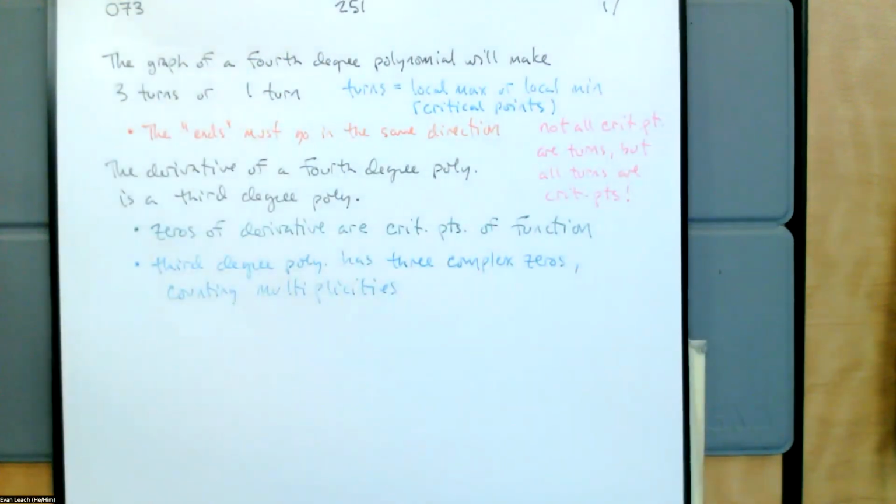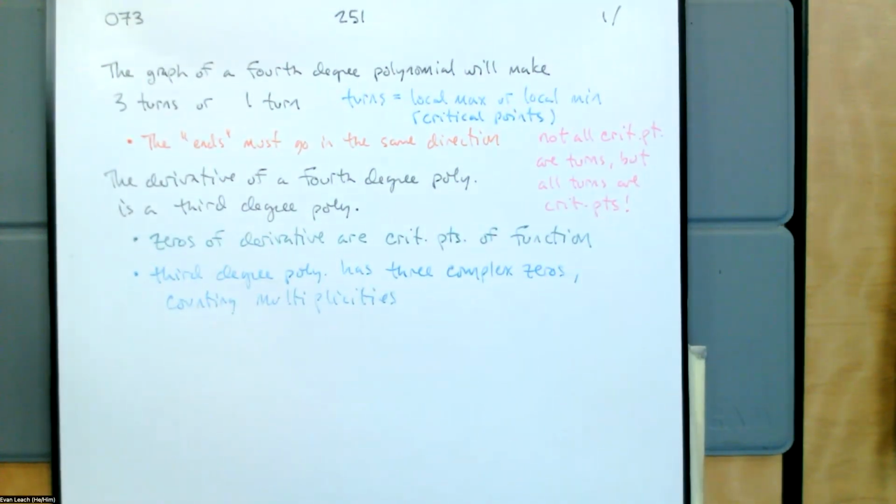A third degree polynomial will have 3 complex zeros counting multiplicities. So this gives us a short list of what could possibly happen with the zeros of our polynomial.